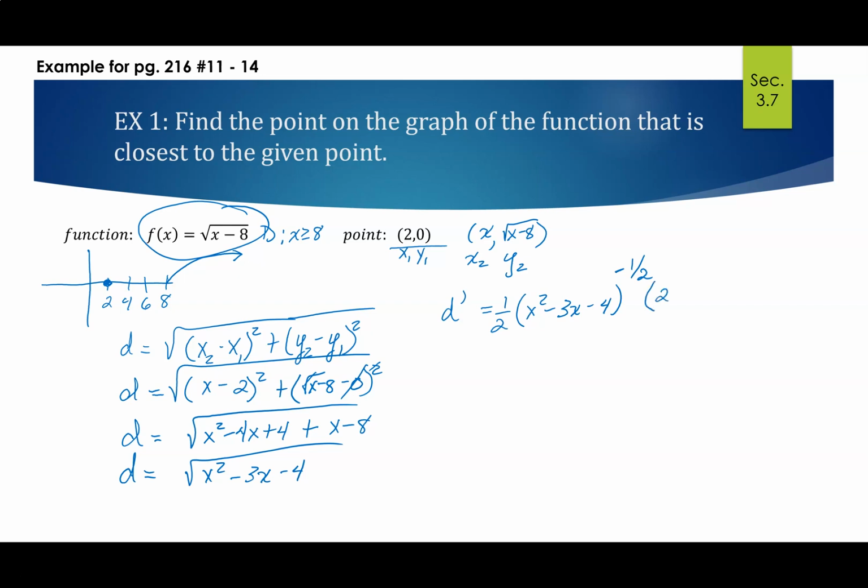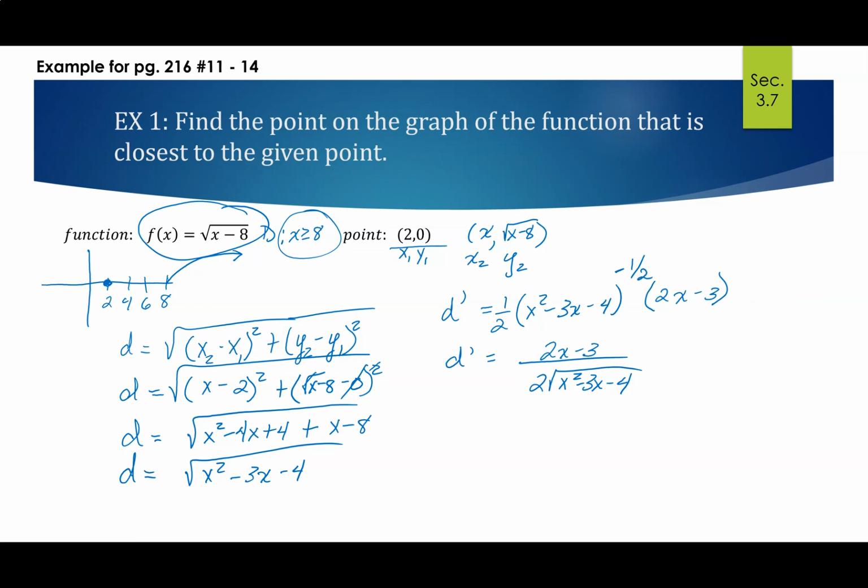And then the inside, 2x minus 3, is the derivative of the inside. So cleaning it up, I have 2x minus 3 in my numerator and 2 times the square root of x squared minus 3x minus 4.